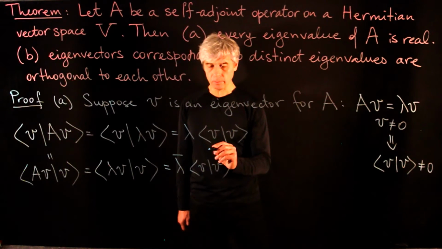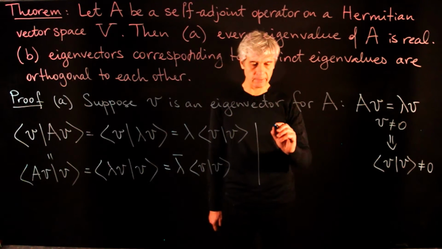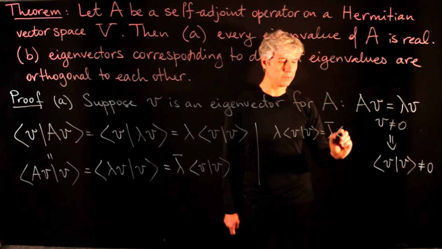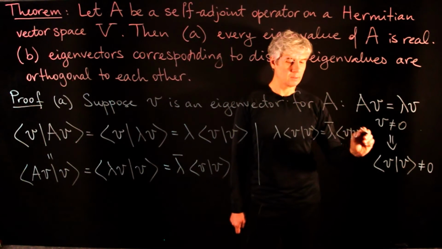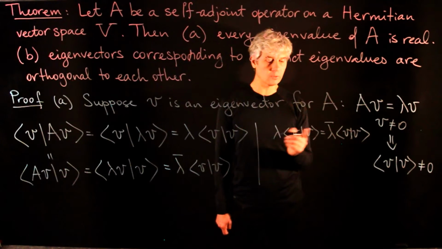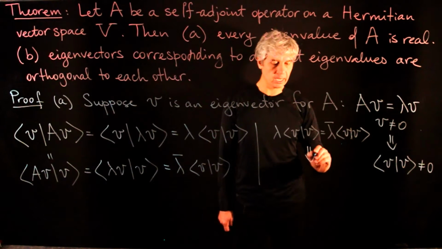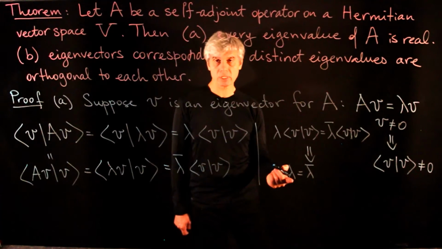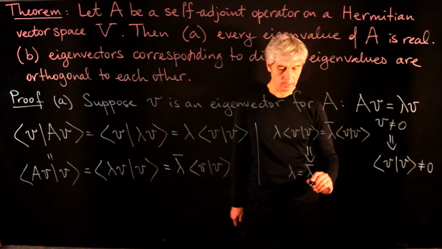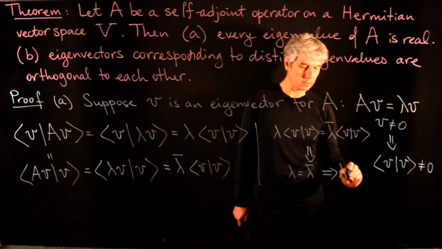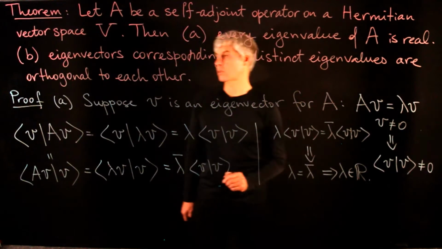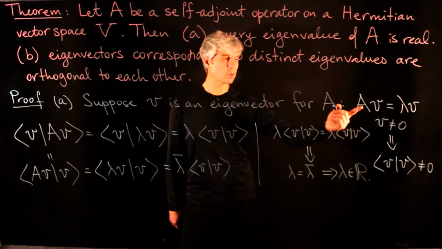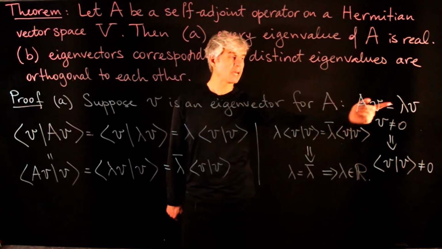And then from this equality, lambda (V, V) is equal to lambda bar (V, V), and the scalar product of V with itself is non-zero, so this implies that lambda is equal to lambda bar. If a complex number is equal to its conjugate, then lambda is in fact a real number. So what we see is that if we have an eigenvector for A, then the eigenvalue must be a real number.